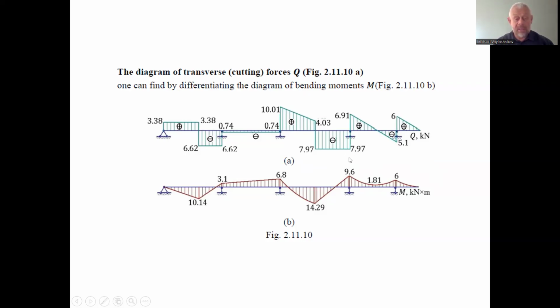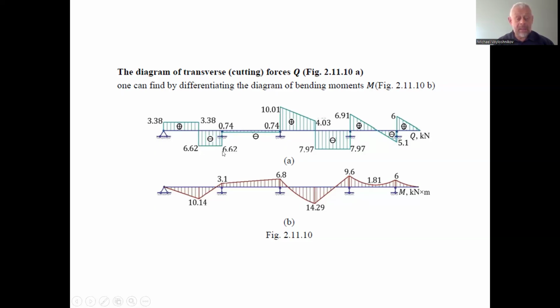This is 7.97 plus 6.91, directed downwards. Here the support reaction is also directed downwards, and the magnitude is 10.01 plus 0.74, and we can find 10.75. This is a support reaction directed downwards, as we have the step downwards here.